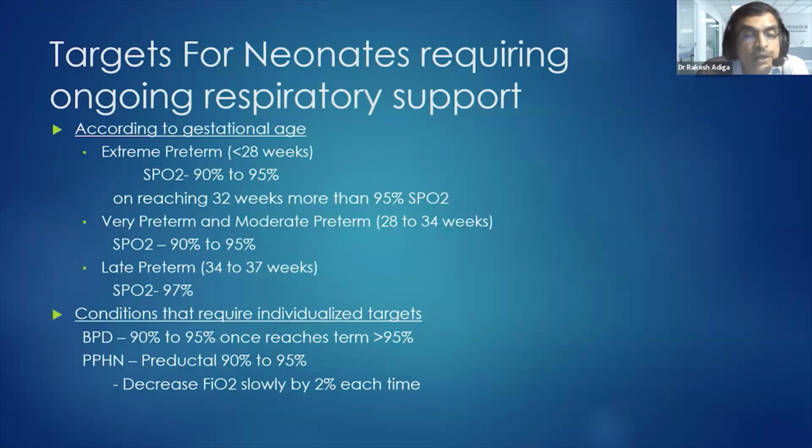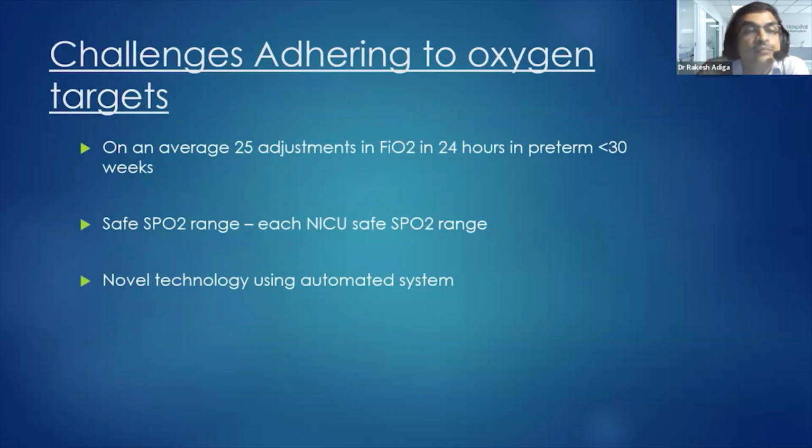In PPHN, always check preductal saturation, that is 90% to 95%. In PPHN, the decrease in FiO2 should be very slow, around 2% each time.